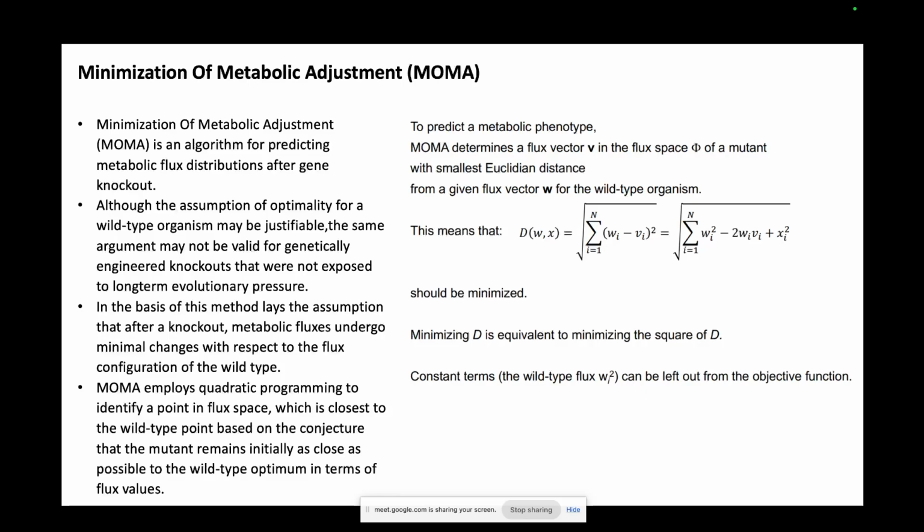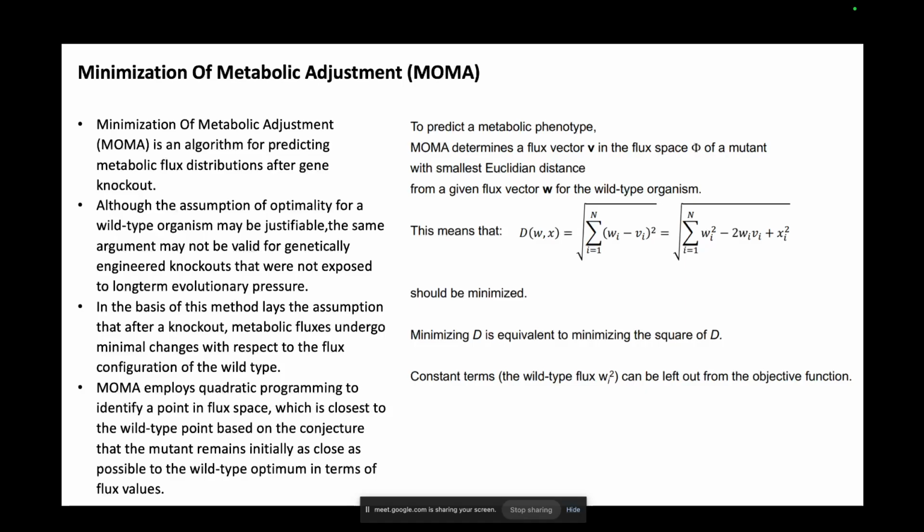So basically in flux balance analysis, if you're doing a knockout study and you're trying to find out the maximum growth or the maximum concentration of a particular product that can be formed, you assume that it is in an optimal condition even after the gene knockout, which is technically not the case. In a biological system, if a particular gene has been knocked out, there will be repercussions, not just in terms of the particular phenotype that the gene confers, but also in the whole network, because that is the whole idea of systems biology, right?